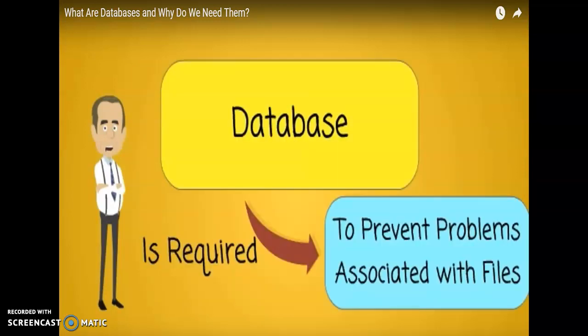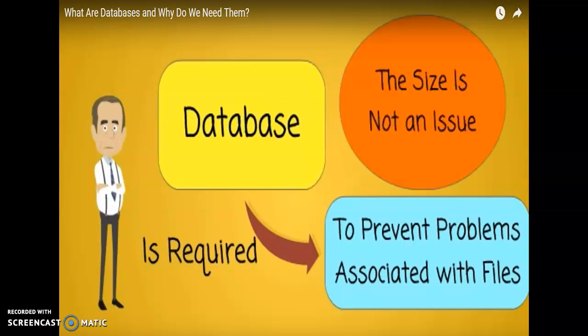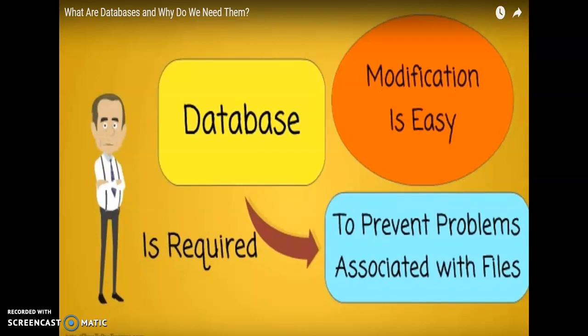For all these problems, a database is required to prevent the problems associated with the file system. The first problem we have seen is size. Size is not an issue while going for a database. Updation or modification is also a very easy process in a database system.